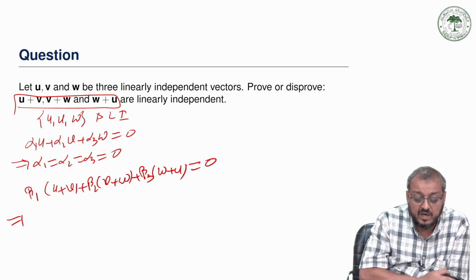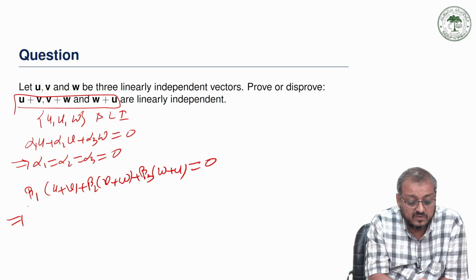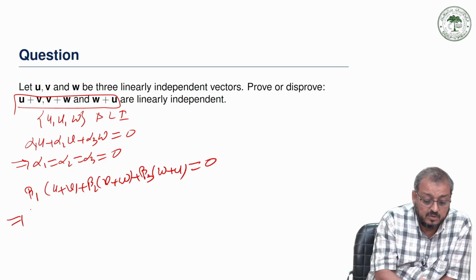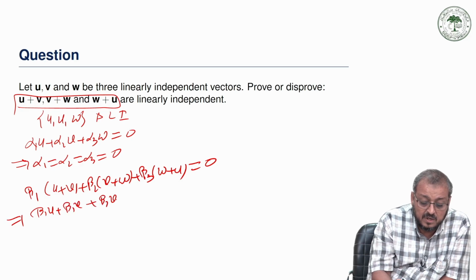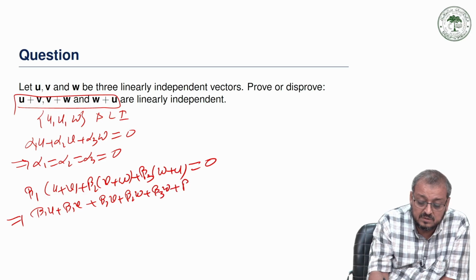Now, because u, v, w are vectors, by the distributive property this can be written as beta 1 u plus beta 1 v plus beta 2 v plus beta 2 w plus beta 3 w plus beta 3 u equal to 0.